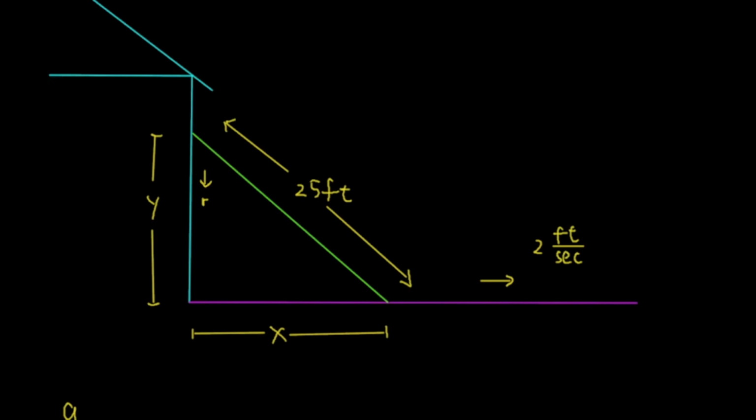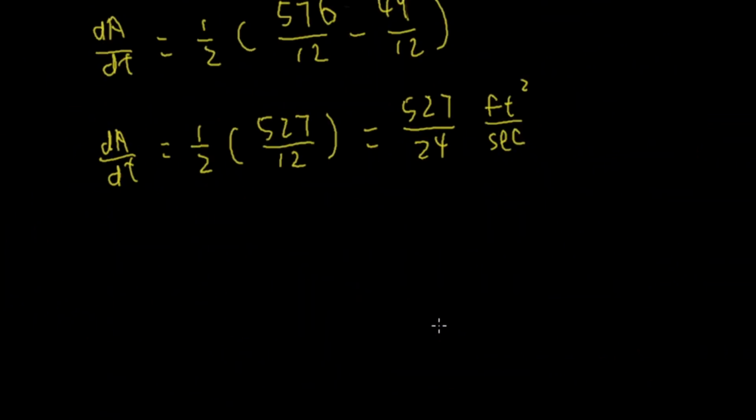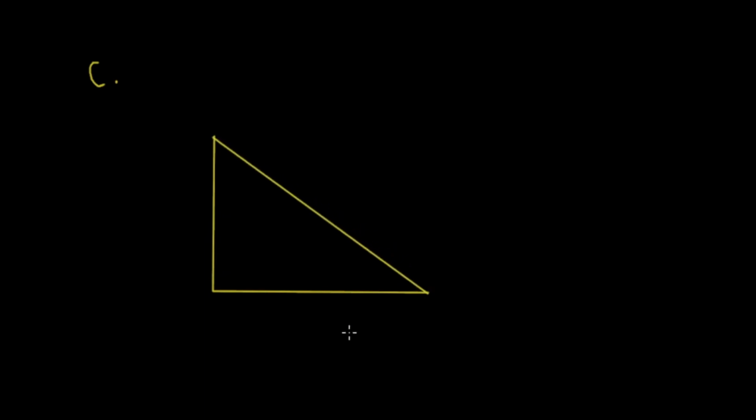Okay, so part C. So this one's x, this one's y, this one is the ladder, so 25 feet. Now, this is the angle we are looking for, the rate of change of this angle here.